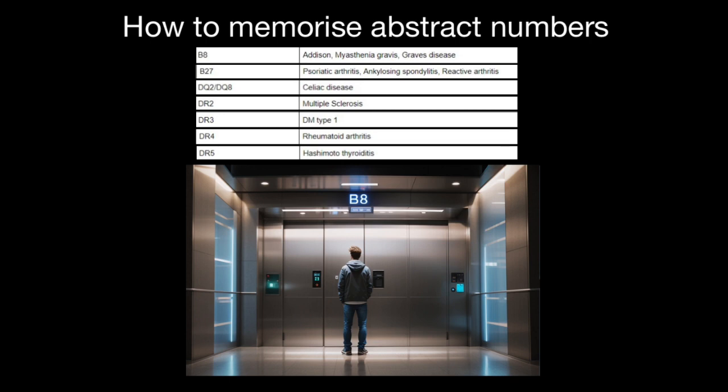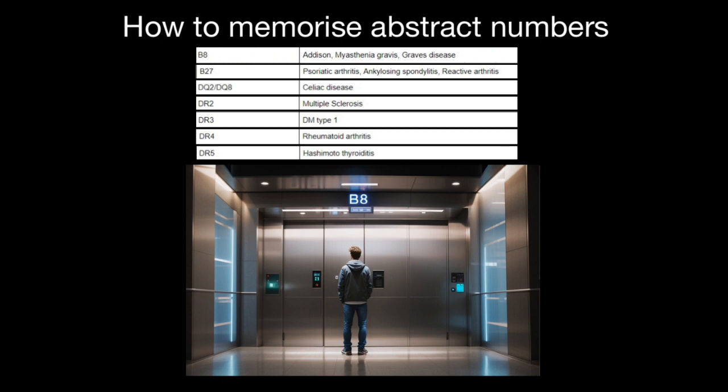And 8 is a multiple of 4, so it's easy for me to memorize that B8 is the name of the gene which is associated with diseases that also have some association with Graves. As you see, it is very easy to memorize B8 and the names of these diseases, that they have a strong association.